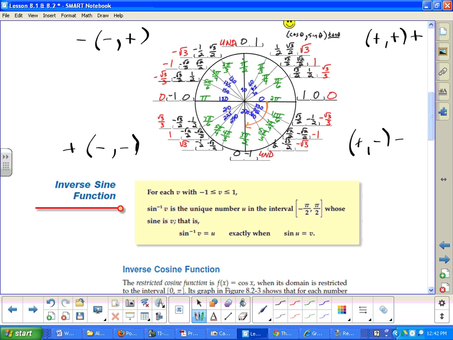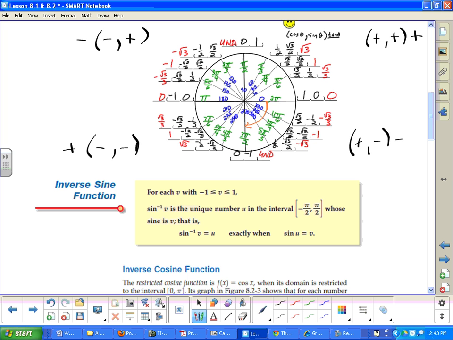So 11 pi over 6 would be negative pi over 6. 7 pi over 4 would be negative pi over 4. 300 degrees would be negative 60 degrees. And the reason that we use that area there is because it does give us negative to positive.